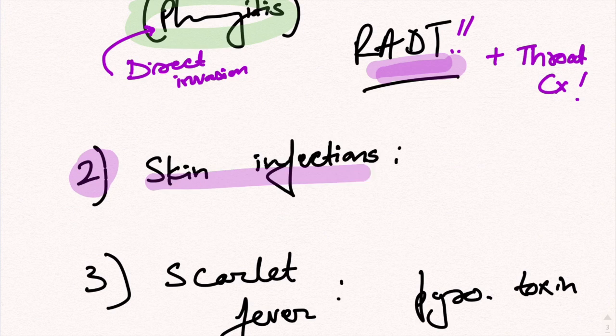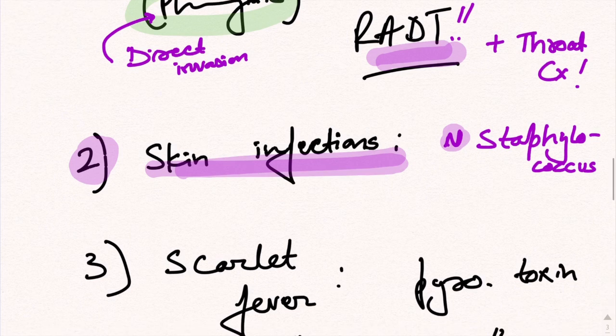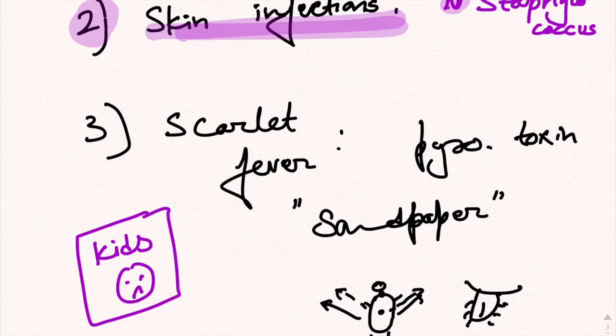The second type is the skin infections it causes. Strep gives you skin infections by direct invasion, and it's similar to staph. We'll talk about them again when we are dealing with staph. Third is scarlet fever, which is seen in children generally, and it's because of the pyrogenic toxin release we were talking about earlier.